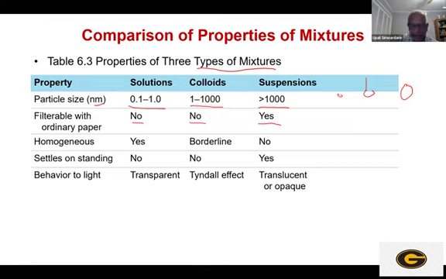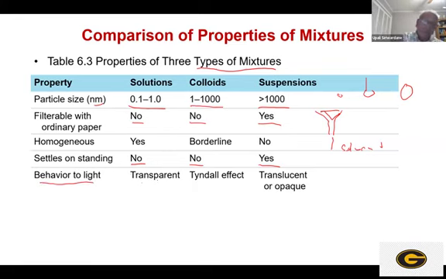Suspension, on the other hand, we can use a filter paper and the solvent is separated from whatever you are mixing. True solutions and colloids do not settle on standing. Suspension does.